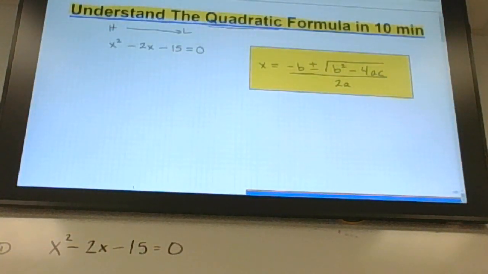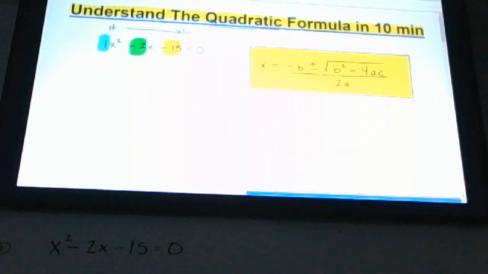Now, let's go ahead and look at some coefficients of this polynomial. So x squared is actually technically a 1 there. This is 1x squared minus 2x minus 15. So we're going to assign a specific variable to each.